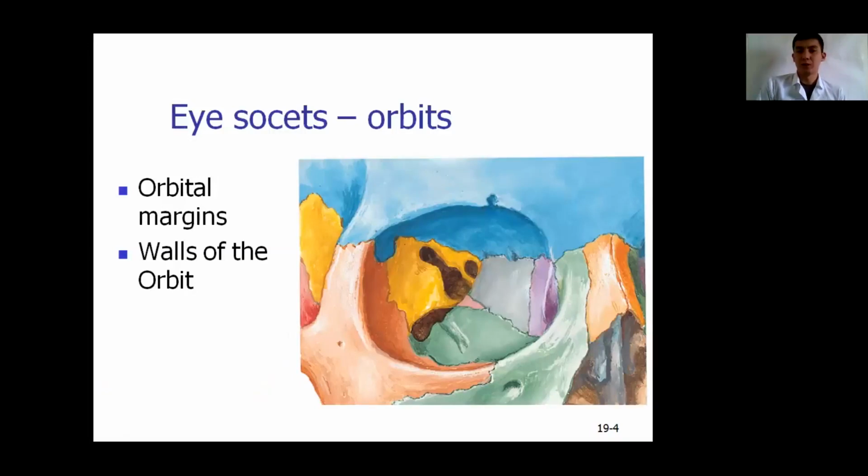They are bony cavities, pyramidal shaped bony cavities. It has four margins, four walls. The apex of this pyramidal shaped bony cavity is placed deep in the orbit. The base of this pyramid is placed externally in the outer part.